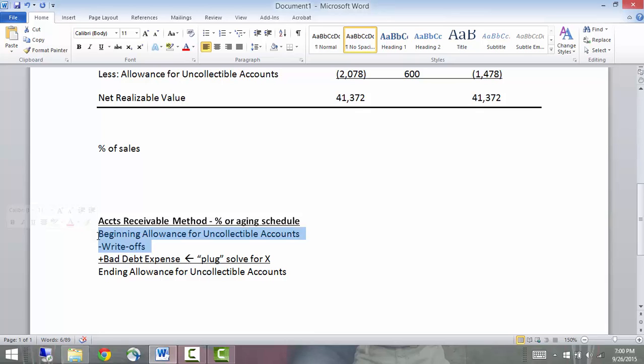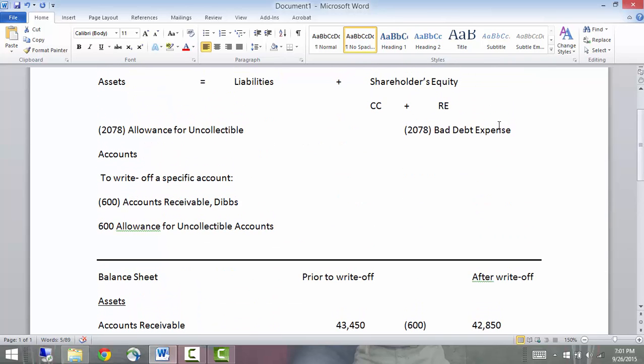And that's going to leave you a balance in that allowance account. And for the accounts receivable method, you have to figure that out because under this method, the ending allowance is going to be based on our aging schedule or our percentage of accounts receivable. So you'll be able to calculate that figure, but then you'll have to solve for this plug number to figure out what's going to go into your accounting equation right here.